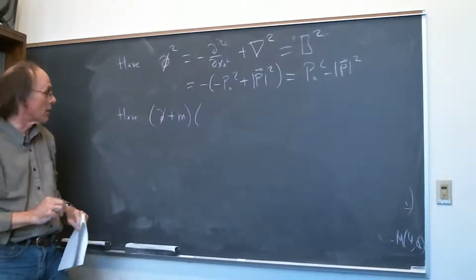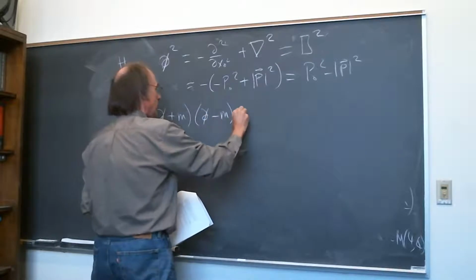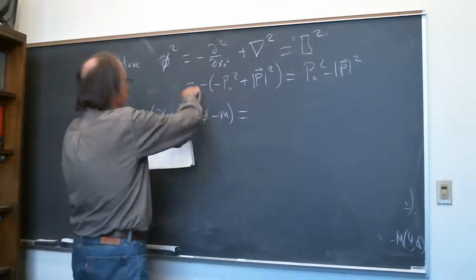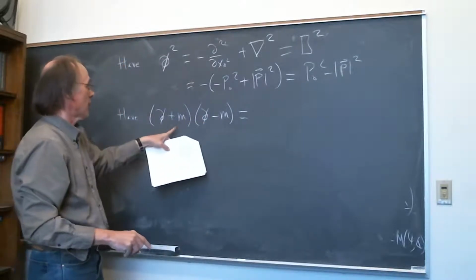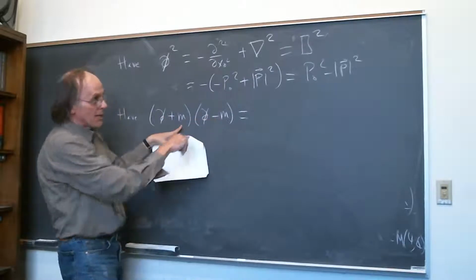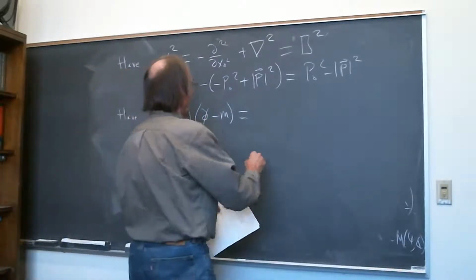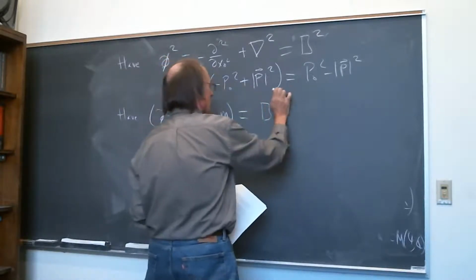But if you want to talk about massive particles, you need to use this fact. If you multiply these things, the cross terms will cancel, and you'll pick up a minus m squared term here. So you'll have the box plus minus m squared.